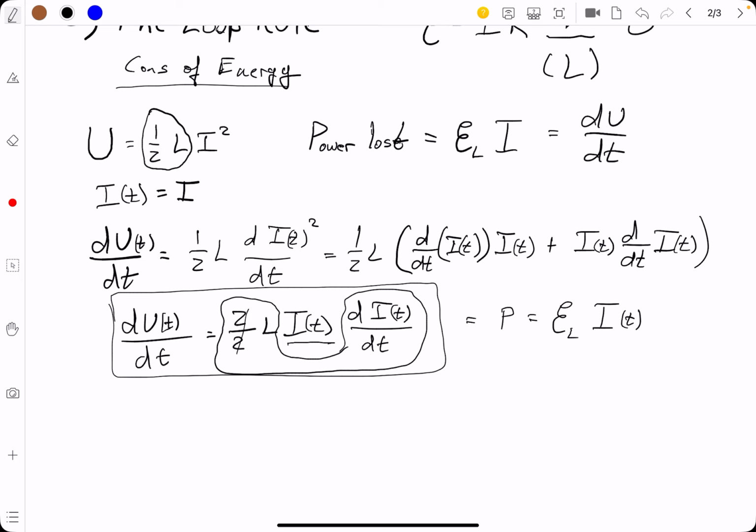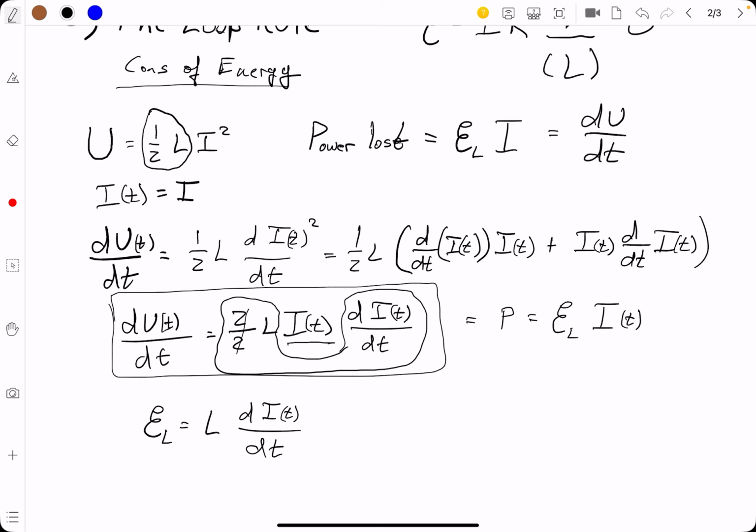Okay, so of course that goes to 1, and we're left with EL, our potential drop across there, which is basically what we're doing when we do our Kirchhoff rule. We're just adding and subtracting potentials. It is L dI of t/dt. Okay, so good. We have found it. We have found our way.